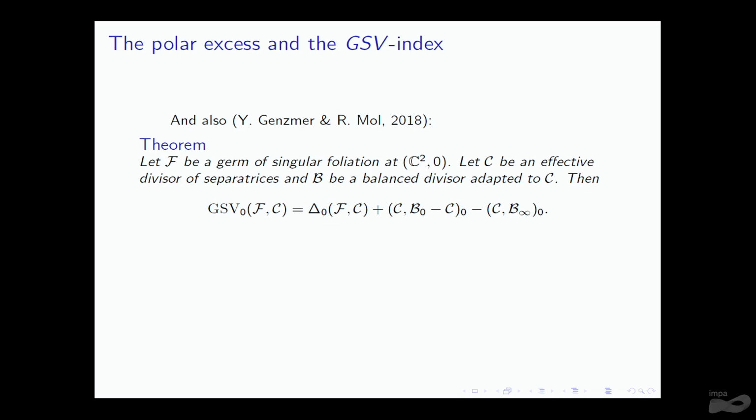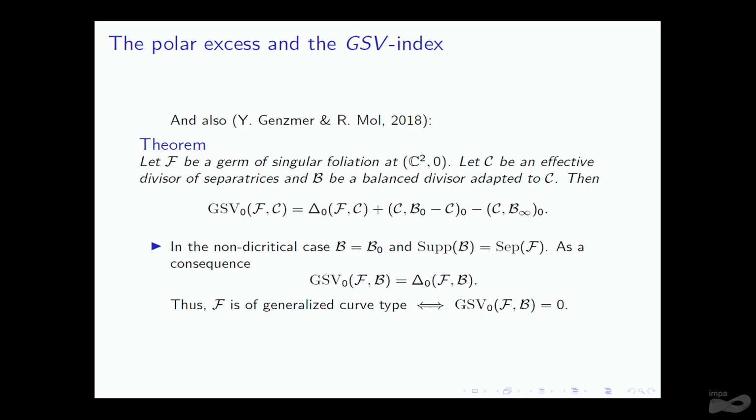In the critical case, we may have a non-trivial B infinity here. The delta is always non-negative, but the GSV can be negative. These results were proved by myself and by Johann Gesmer.